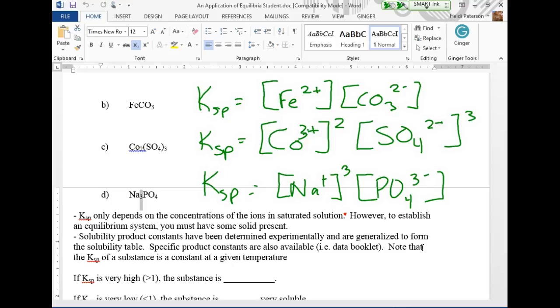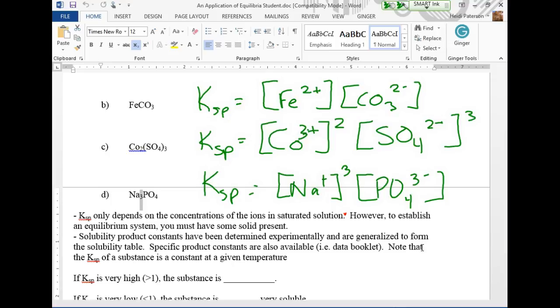If KSP is very high, what is that telling you about solubility of that substance? What does a K value greater than 1 mean? That is very soluble. It's very, very soluble.